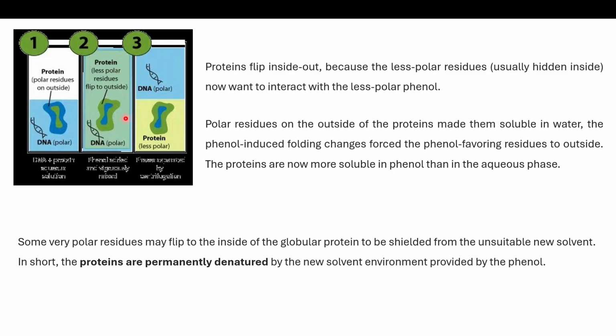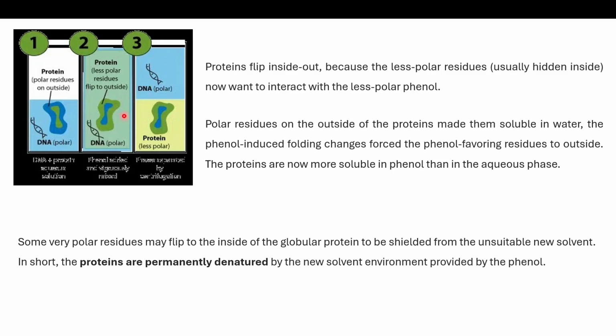Also, these polar residues will tend to move away from the organic layer. So now these polar residues shown by the blue area are getting inside, and the hydrophobic residues, these green ones, are flipped outside. Now, the function of a protein is defined by its structure.